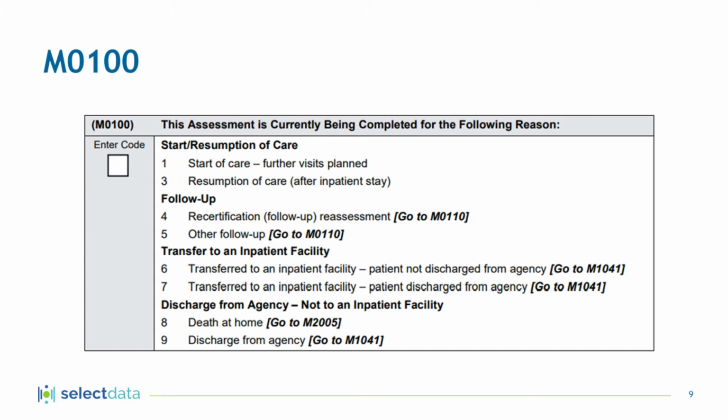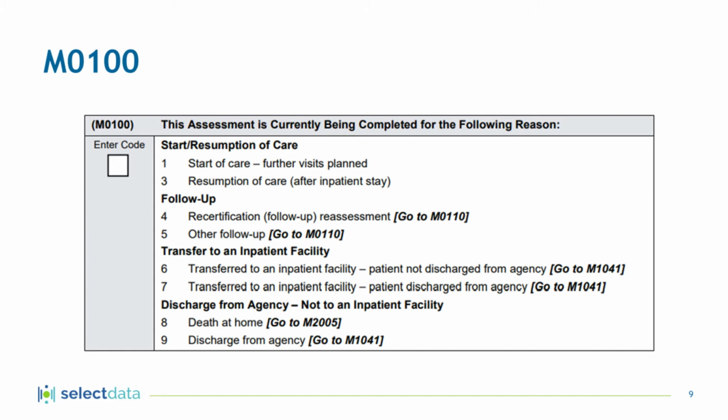Option 6, transfer to an inpatient facility, patient not discharged from the agency. Option 7, transferred to an inpatient facility, patient discharged from the agency. Option 8, death at home. Option 9, discharge from the agency. You will enter only one response for this item.